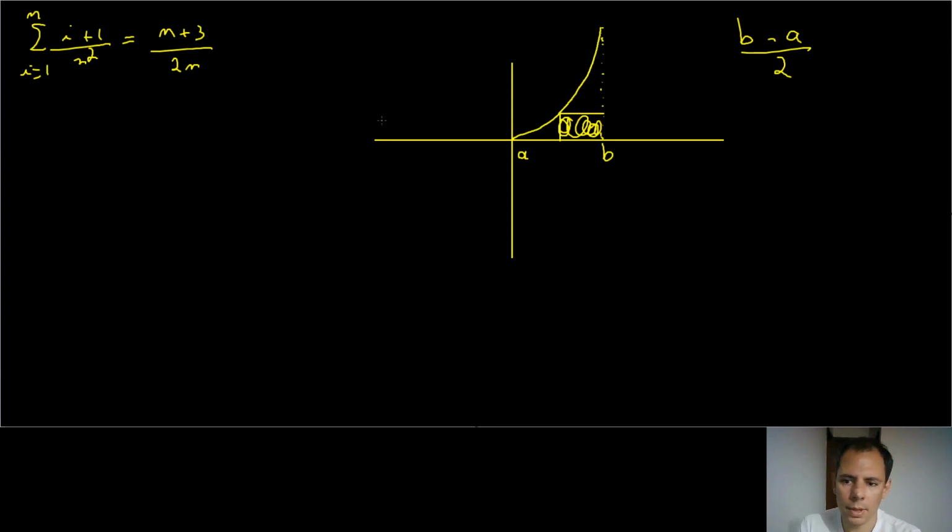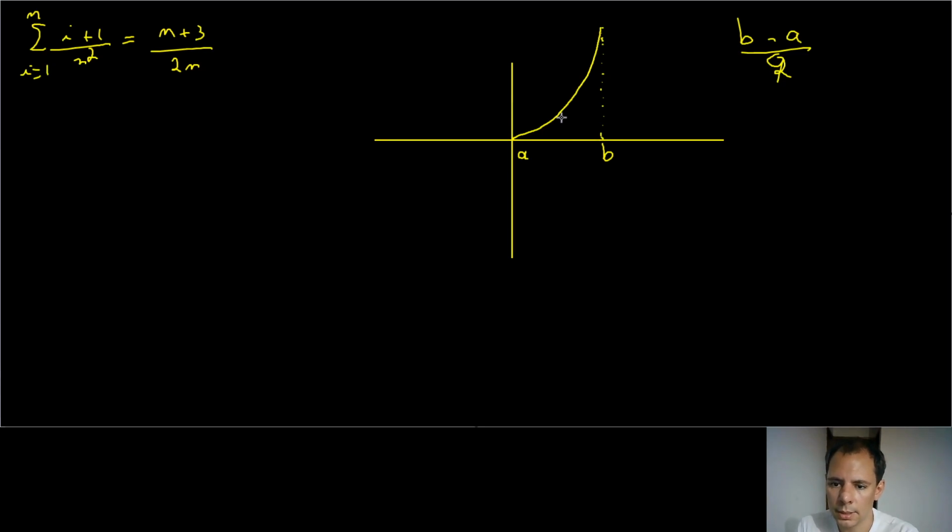Now, instead of having a rectangle like this, let's just do B minus A divided by 4, okay? So now we're going to have something like 1, 2 divided by 4.